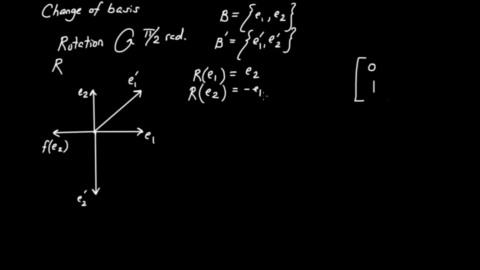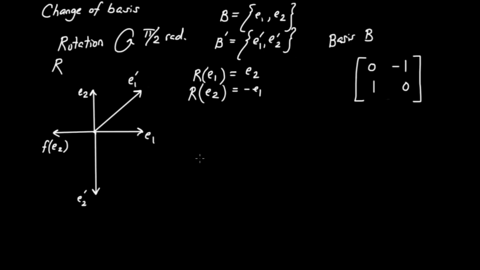Therefore, the second column of this matrix is going to be -1, 0, because those are the coordinates in this basis. So this matrix represents the linear transformation R in the basis B.